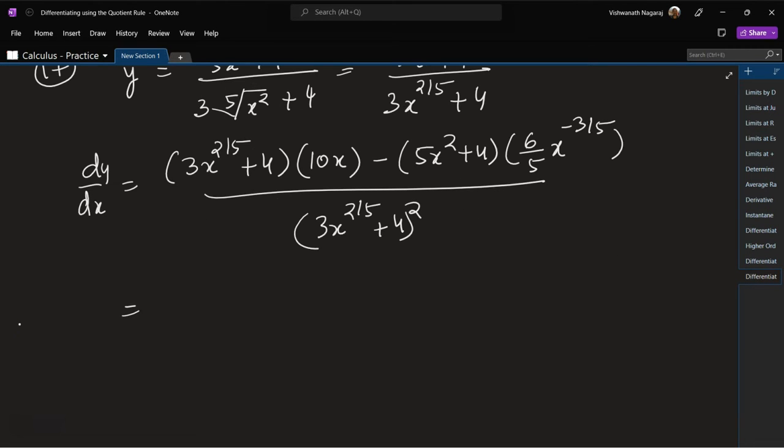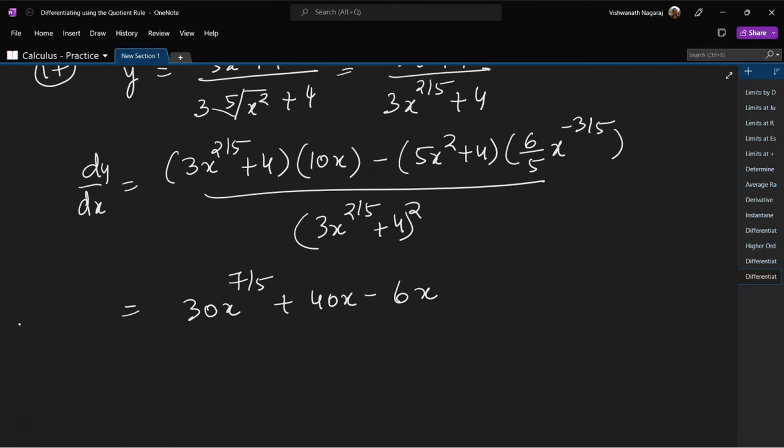which is equal to, now here 30x to the power of 2 by 5 plus 1 is 7 by 5, plus 40x, minus 5 cancels.